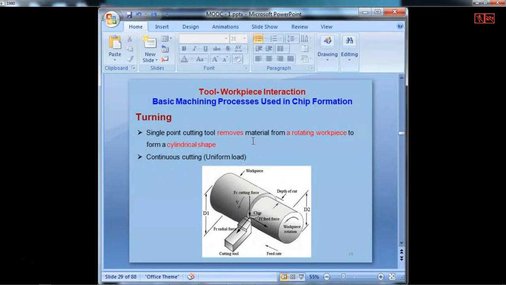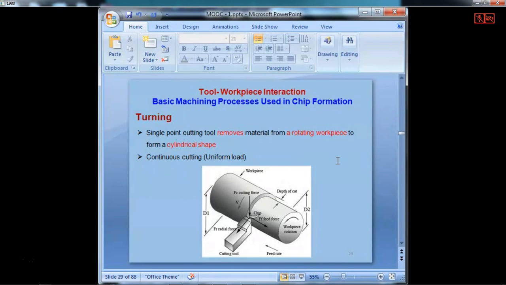Here it is called a single point cutting tool, which removes the material from a rotating workpiece to form generally axisymmetric workpieces. Do you know what an axisymmetric workpiece is? Have you studied in your engineering drawing what solids of revolution are?